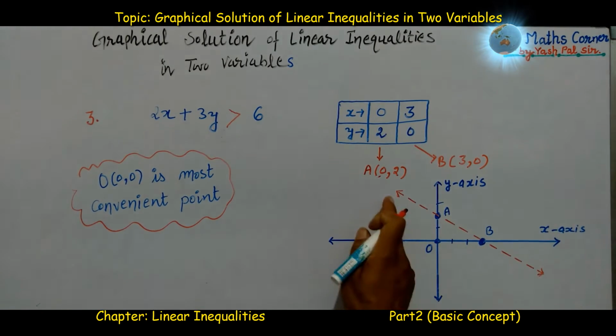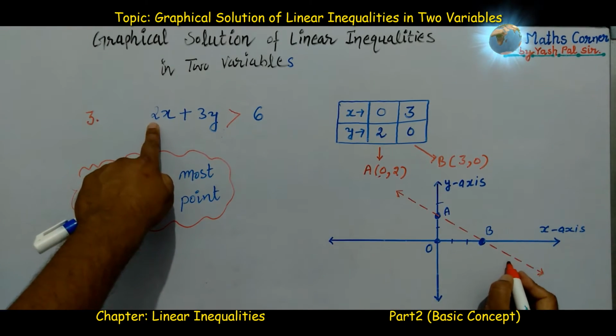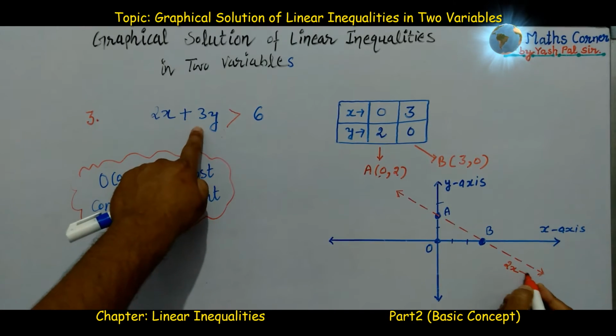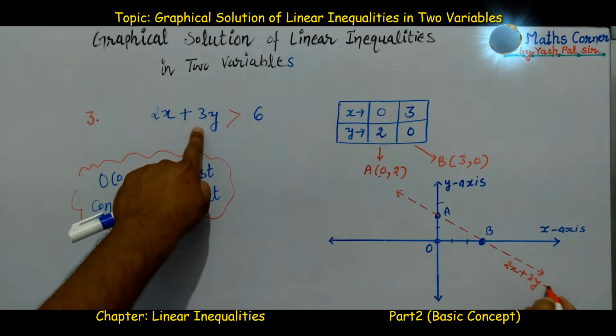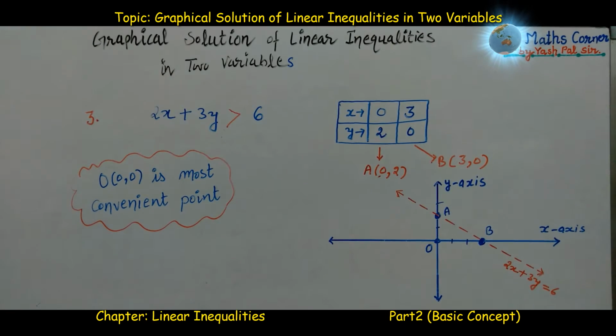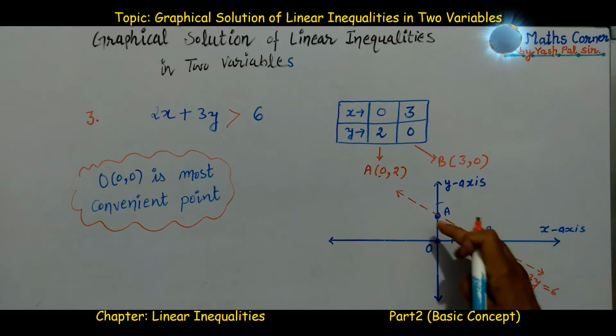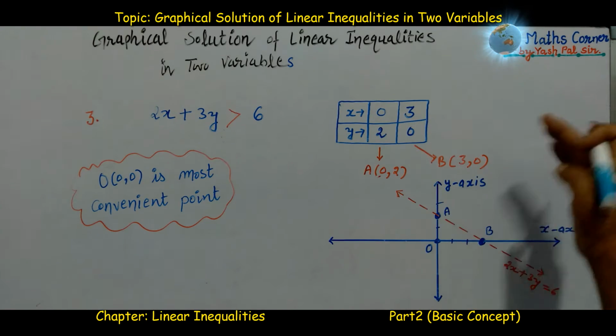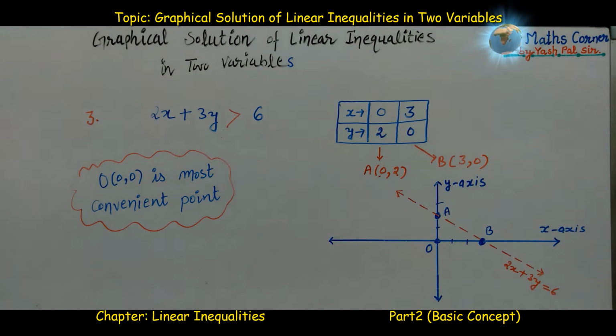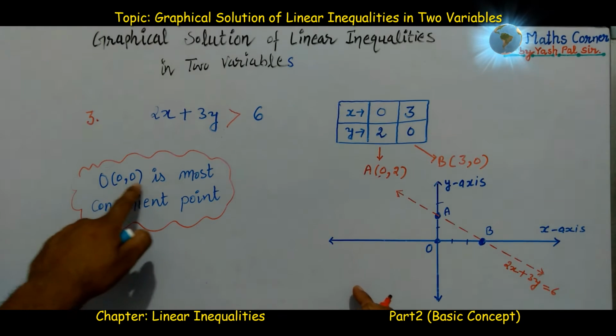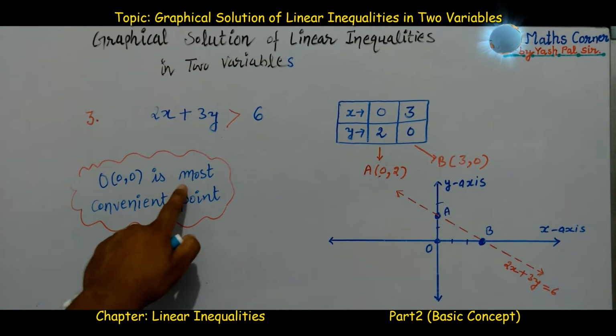And again the name of this line is 2x plus 3y equal to 6. Now we have to choose any one point to either side of this line, either halves of these lines. So what we see, again 0, 0 origin is the most convenient point.